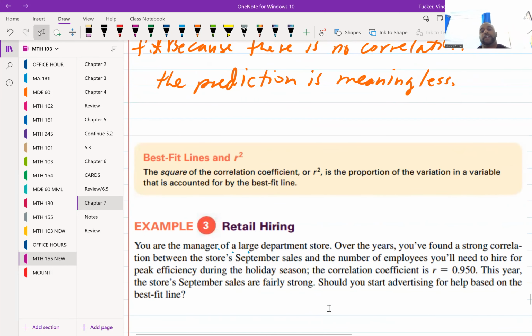All right, so the next thing, I think, is the last thing out of this section. Best fit lines, or in other words, R squared.